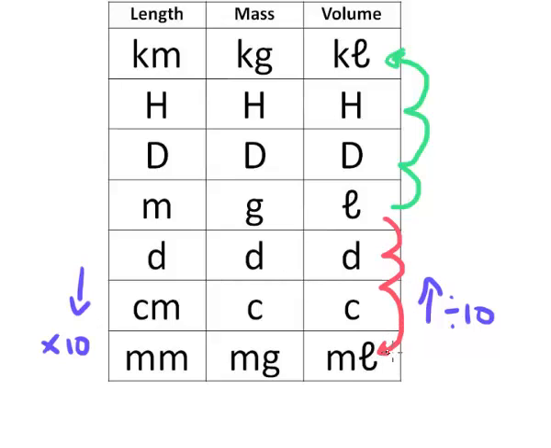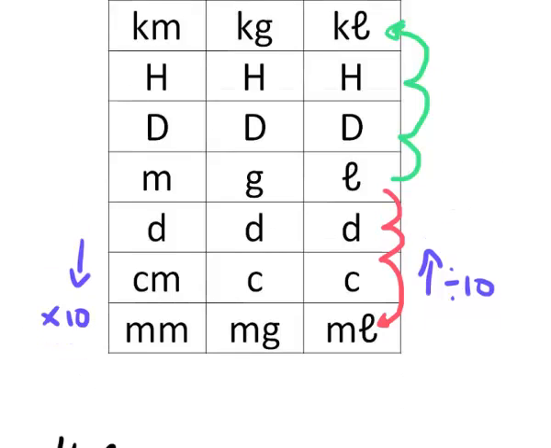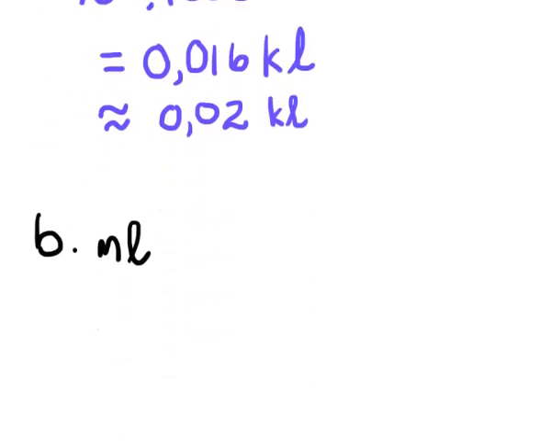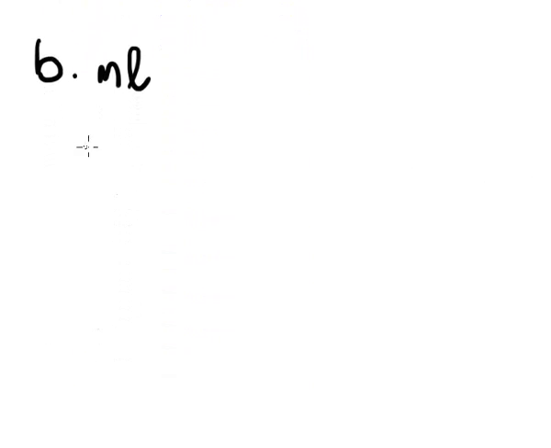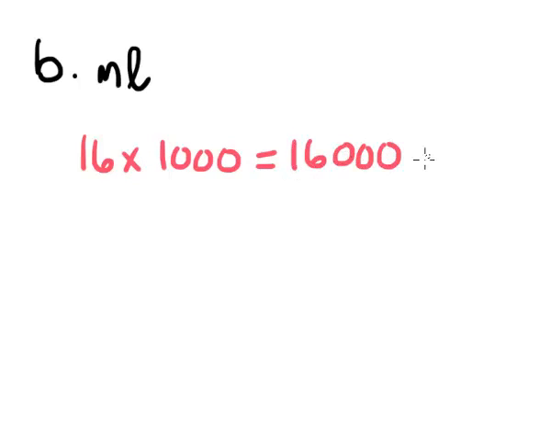So we are going down 3 steps. So we have to this time multiply by 1000. Remember, it's multiplying by 10 3 times. So we're going to go 16 times 1000. And that, of course, gives you 16,000 milliliters. Please remember to always include your units.